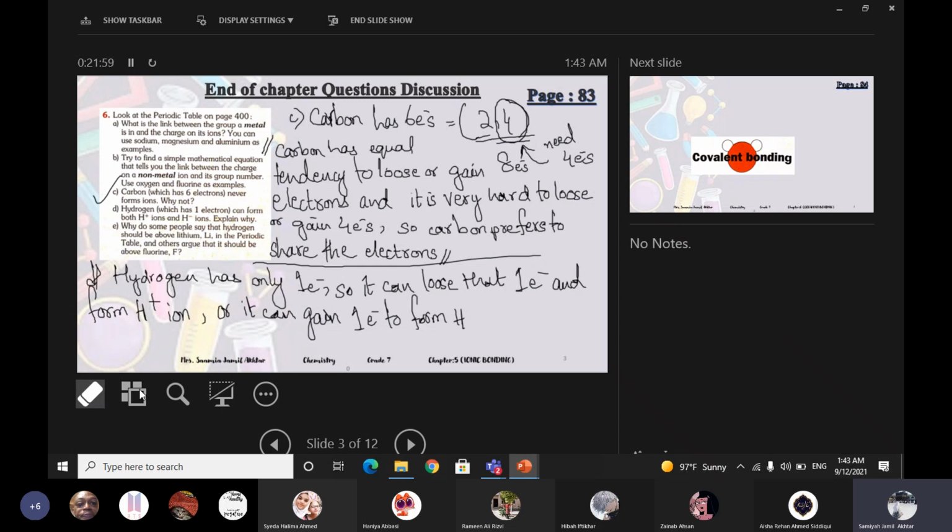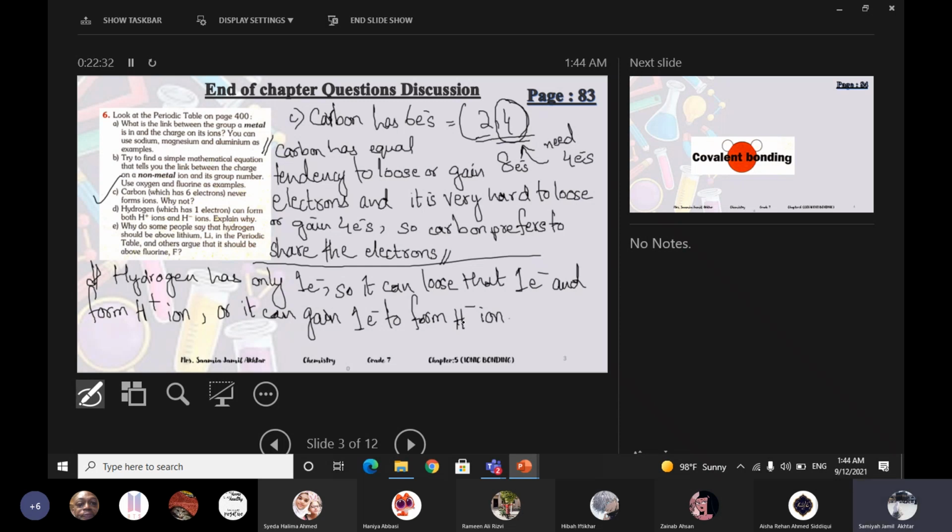Hydrogen and carbon have the same case, like they have an equal number of electrons which they can lose or gain. But the difference is that carbon has too many electrons to give, which it does not want to, so carbon prefers to share. Hydrogen has equal tendency to give and take one electron. It can give because there is only 1 electron to give.